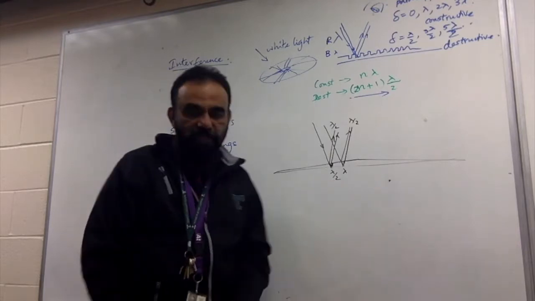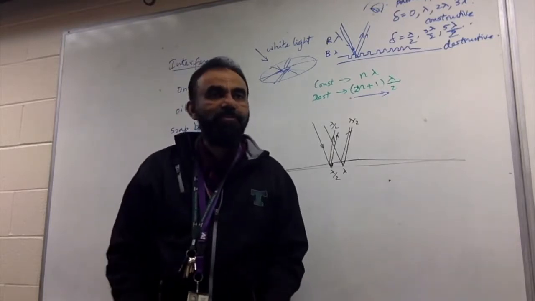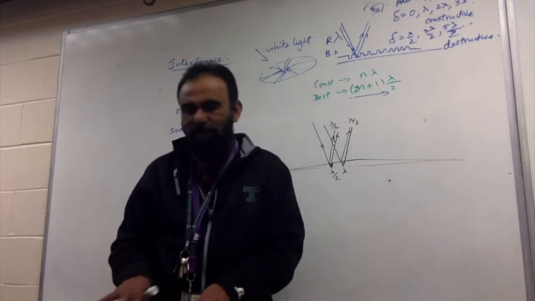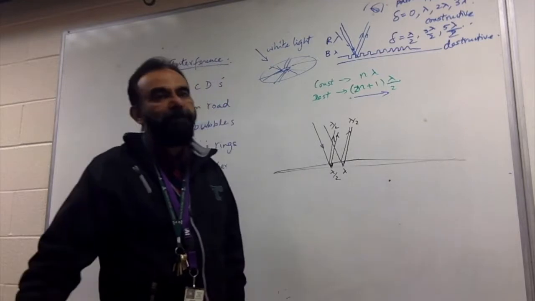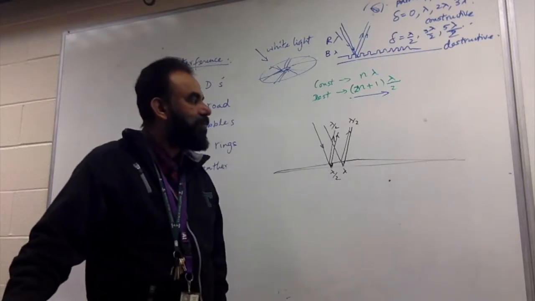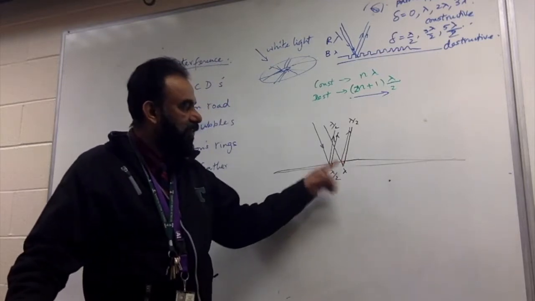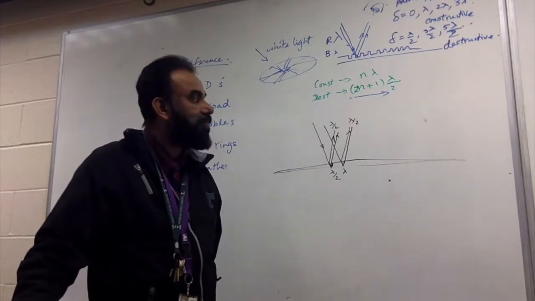So when you look at an oil patch, you see not all the colors. You don't see the rainbow of colors. You'll see one patch of color, and then another patch, another patch, another patch. It won't be uniform. So the condition for interference is like this. It's totally different.